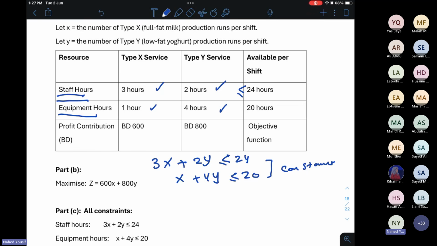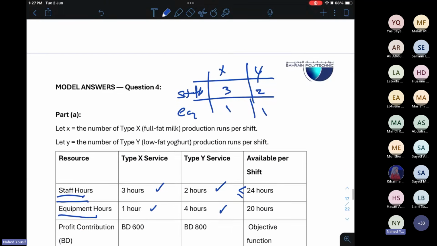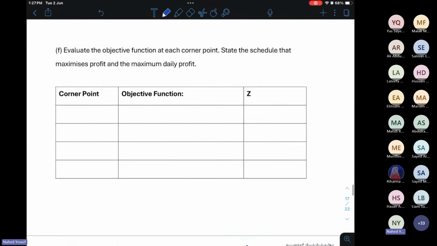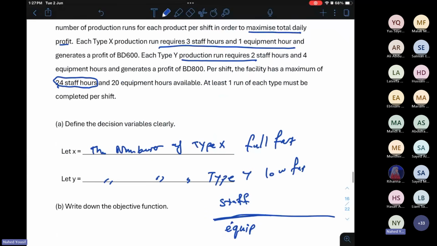Is it clear how we get them? We put staff hours separate and equipment hours separate and fill a table. The profit function, which we want to maximize, we call the objective function.